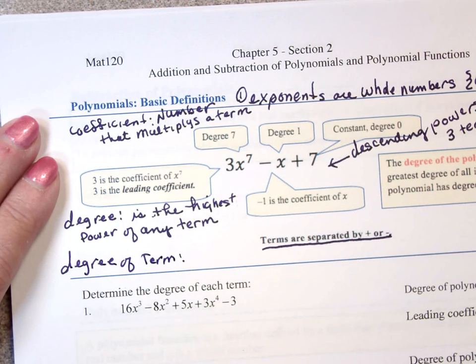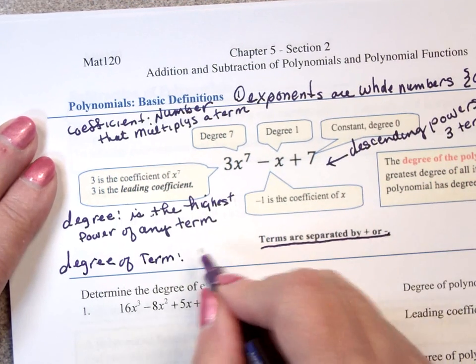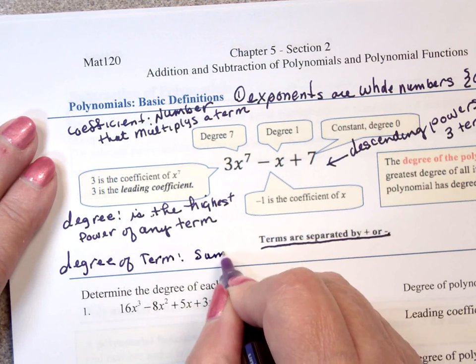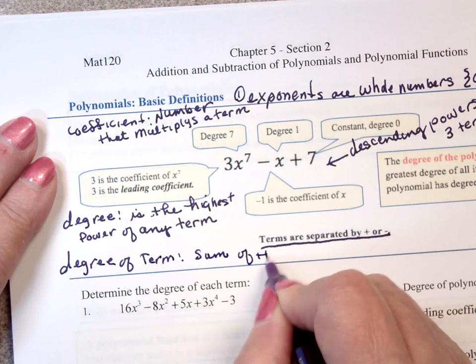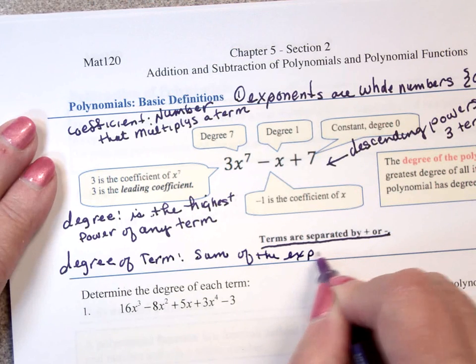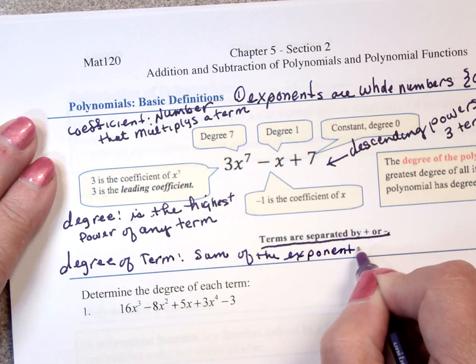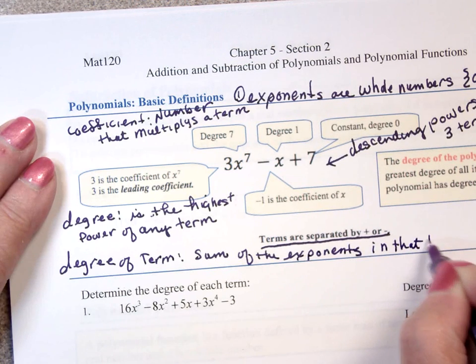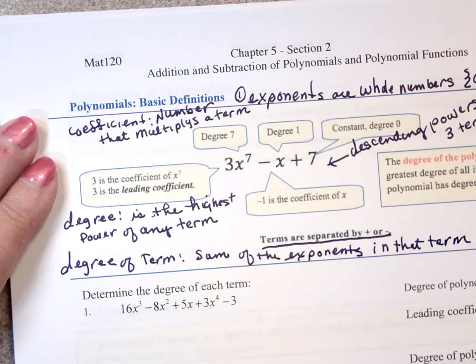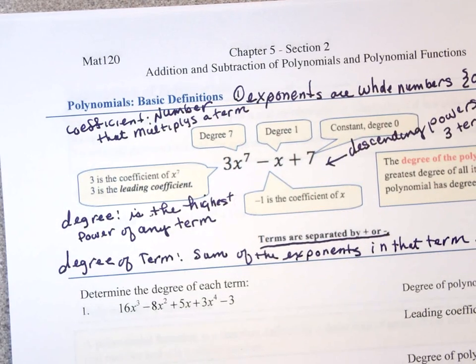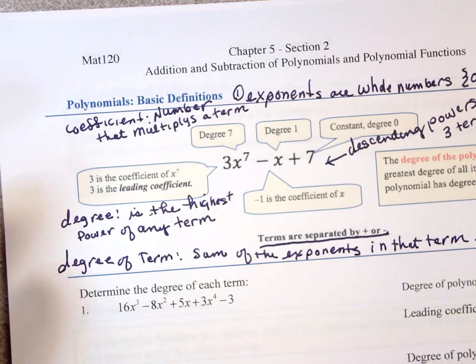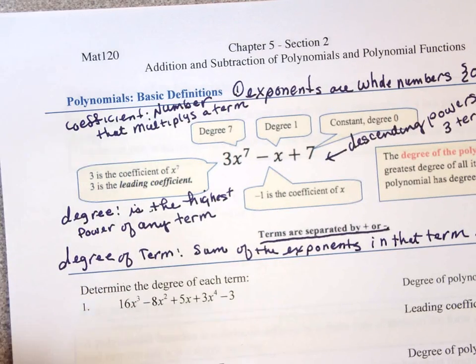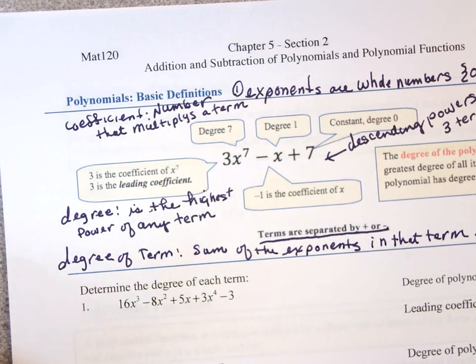The degree of a term is the sum of the exponents in that term. In this class, we really don't have to worry a whole lot about this, and in college algebra, we don't worry about it either. But unfortunately, your book does do that. In fact, problem number 2 that we're going to work actually brings that into account.